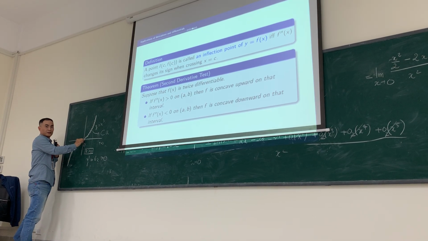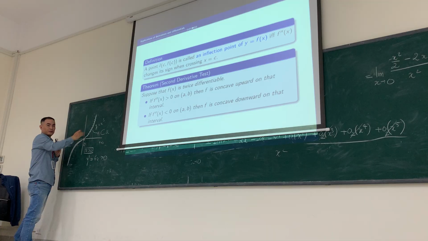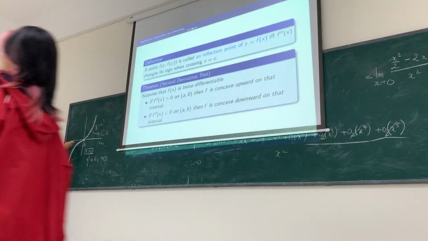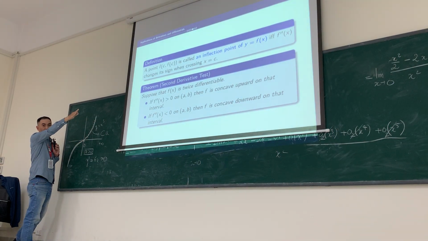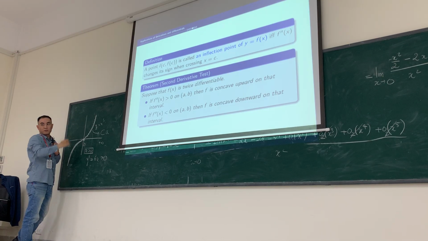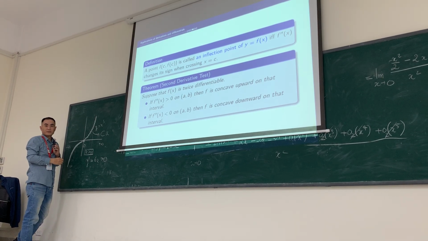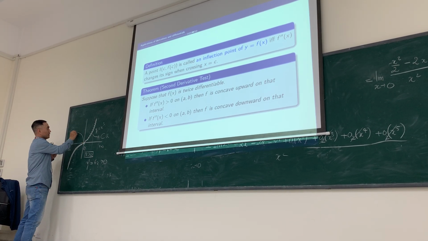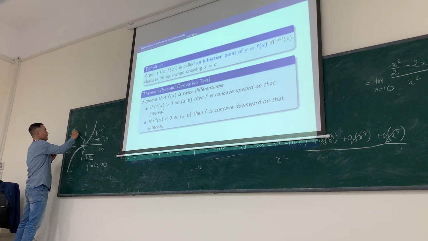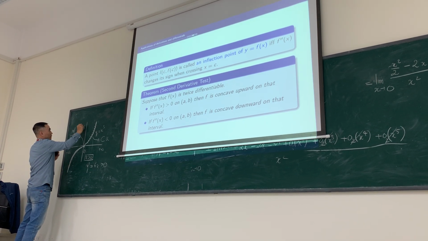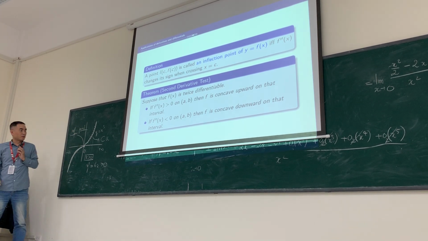The point connecting the concave upward curve and the concave downward curve is the inflection point.